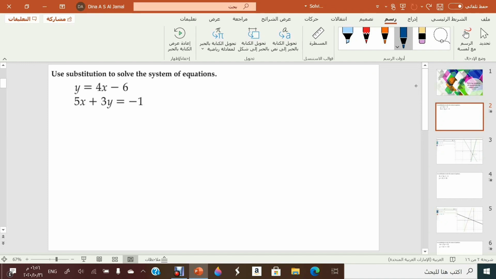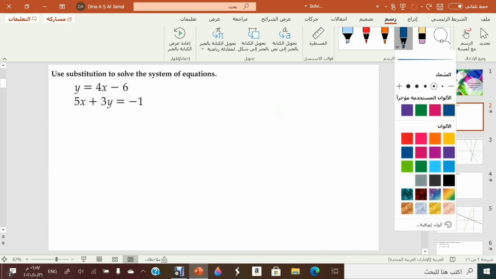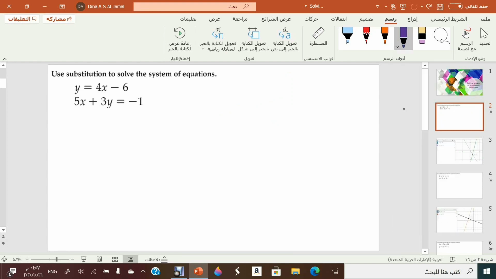In the previous lessons, I was only giving you y equal to 4x minus 6 and x equal to 3. Substitute means you remove the value of x, put in 3, and find the value. But now it is different. You need to find the solution of this system, which will be a coordinate point with x and y.